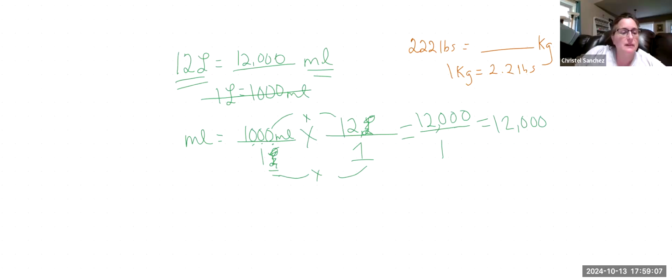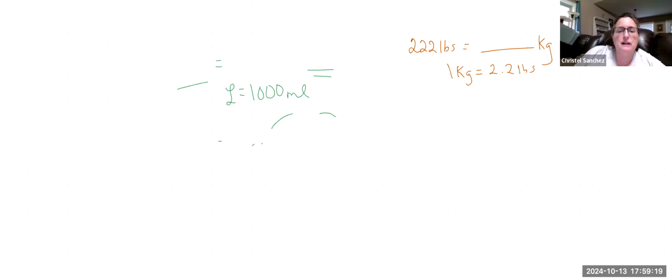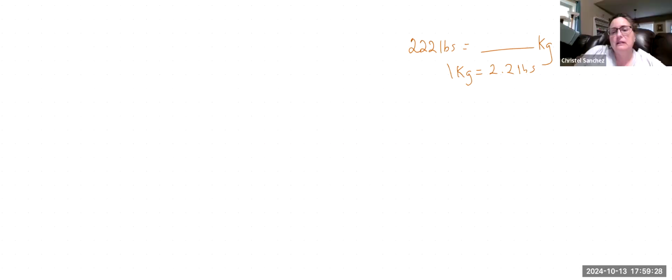All right, so whoops, let me take this one off. If we're doing this one, when I'm setting up my problem, what am I trying to find? What do I want my end result to be in? Kilograms. Okay, and then I'm going to draw my little lines, my X and my line.